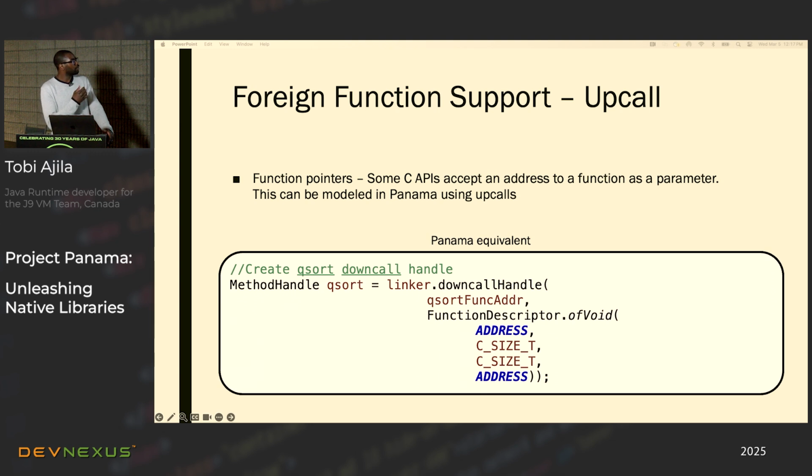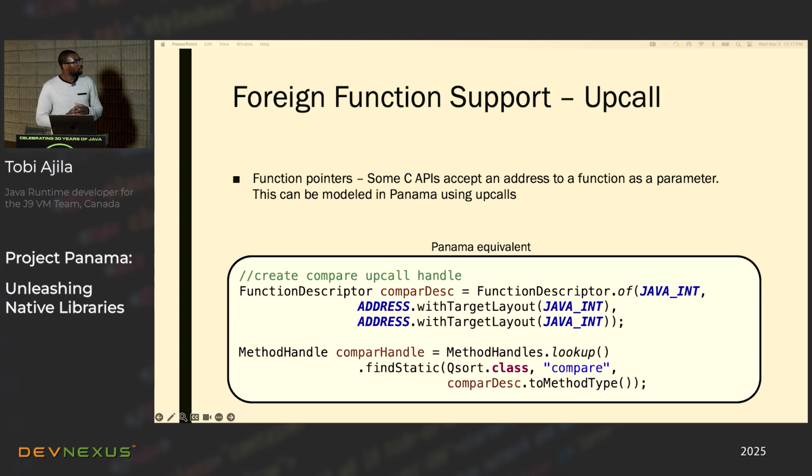So the same thing, we'll define a function descriptor for the call. All the pointers are represented as addresses, and then we've got the size_t for the size fields. And then we define a function descriptor for the function pointer that's going to be passed to qsort.